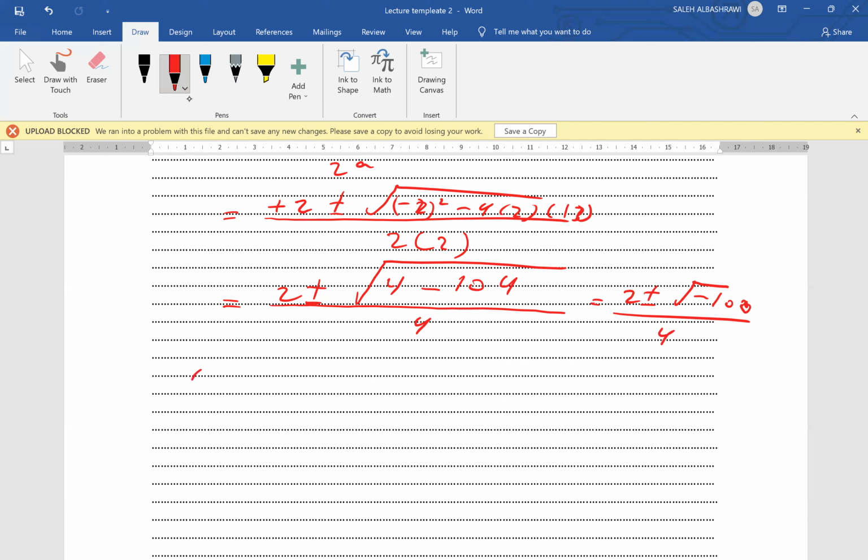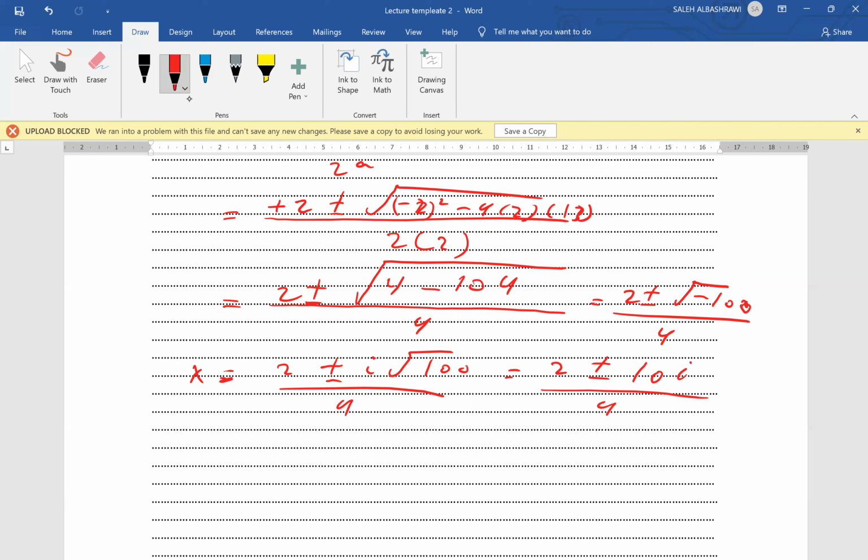So x will be 2 plus the square root of minus 100, that is i, divided by 4, or minus. So I can write it as 2 plus or minus 10i divided by 4. So I'll have two complex solutions.